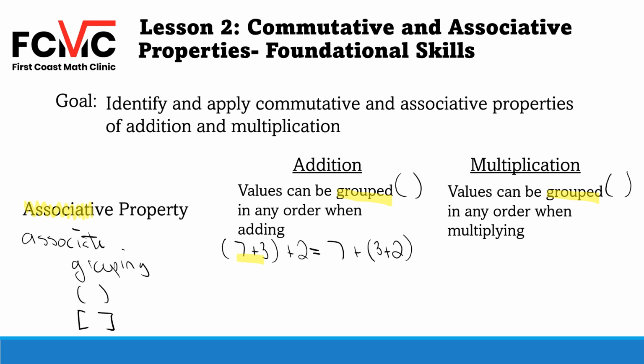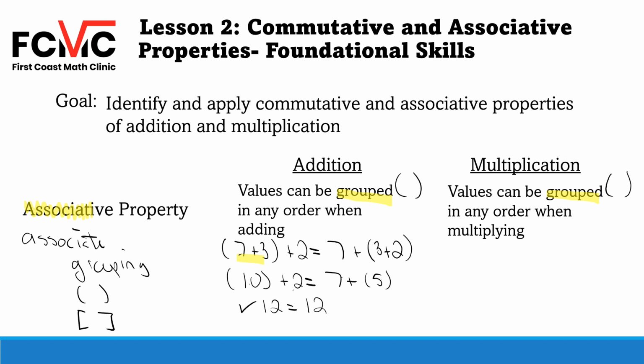So we're going to do the 7 plus 3 first. We'll get 10 plus 2 on the left side. 10 plus 2 gives us 12. On the right side, we'll do the 3 plus 2, and we'll get 5. And then 7 plus 5 gives us 12. So the left and the right side are equal to each other. So our grouping here doesn't matter when we're adding.